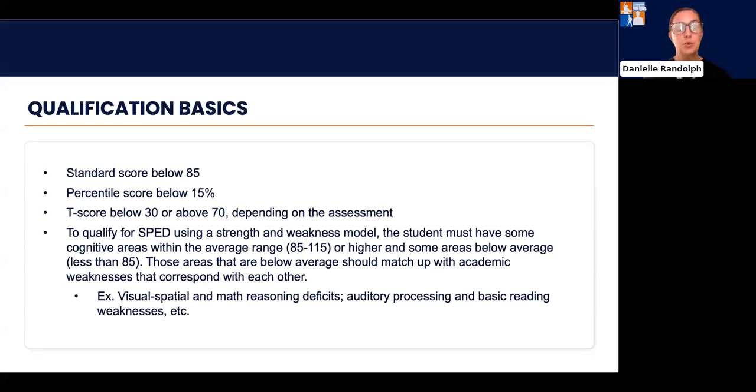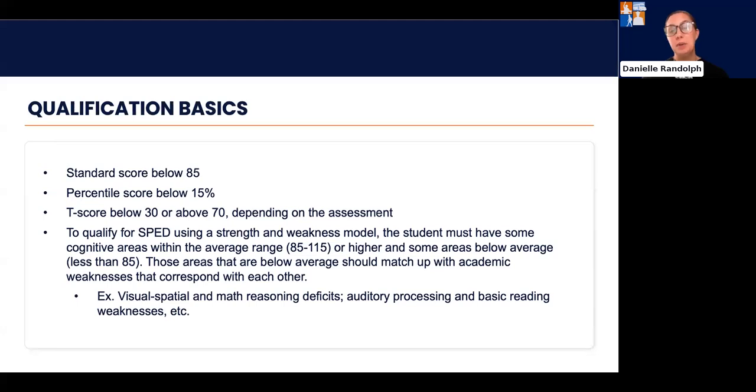So we look at that standard score usually as kind of a black and white buffer. A lot of schools are not going to qualify a student for services or for a goal if they score above 85 on a standardized assessment that uses standard scores. So usually we're looking at anything below 85. That doesn't mean that a school might look at an 83 or an 84 and say, nope, they don't qualify.